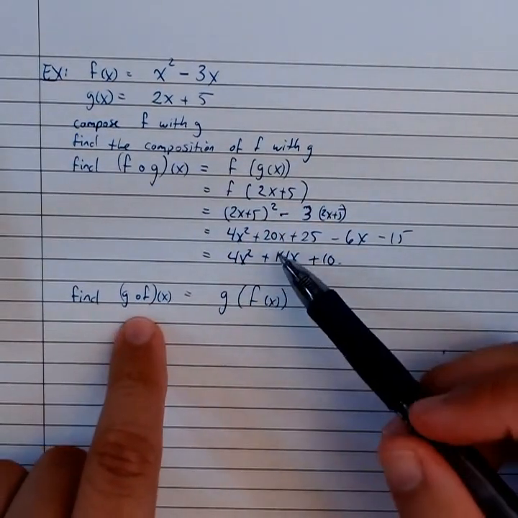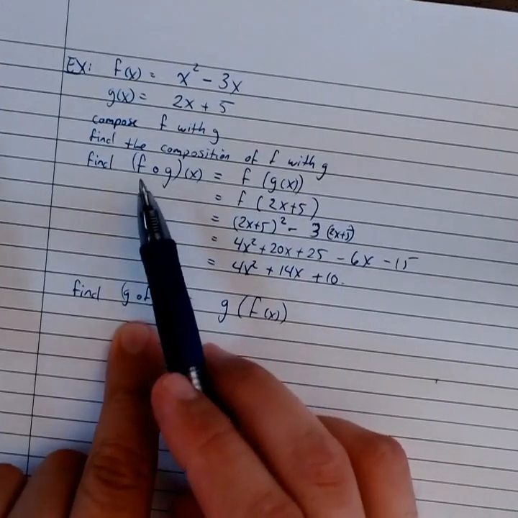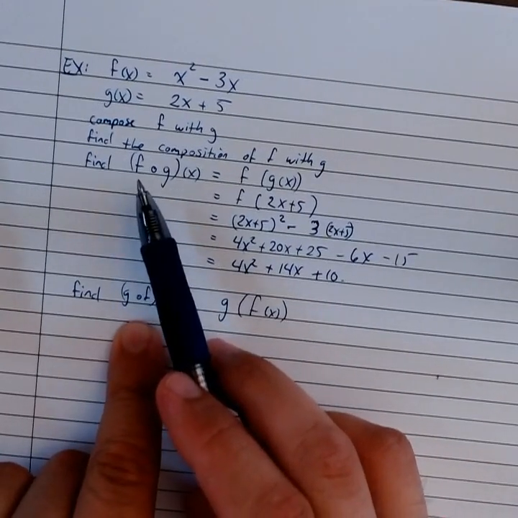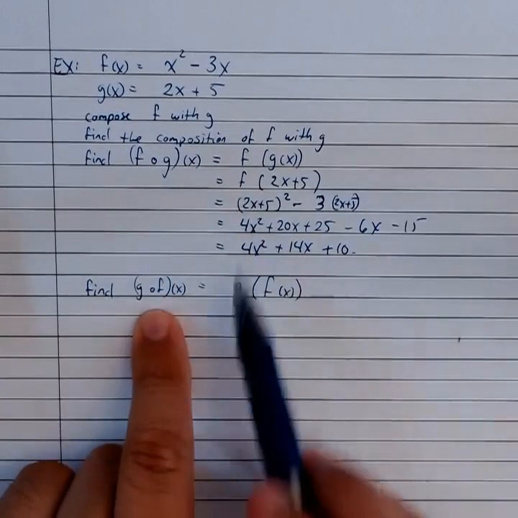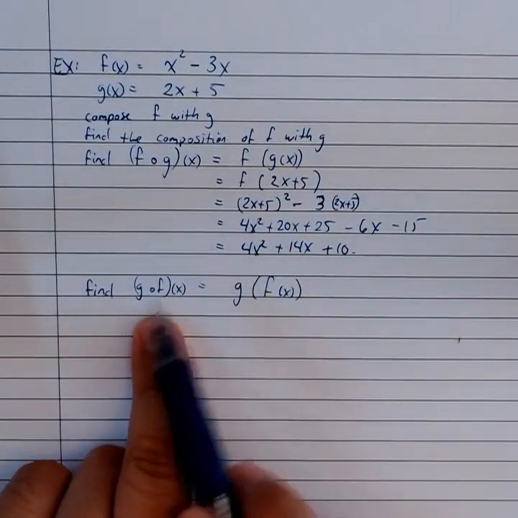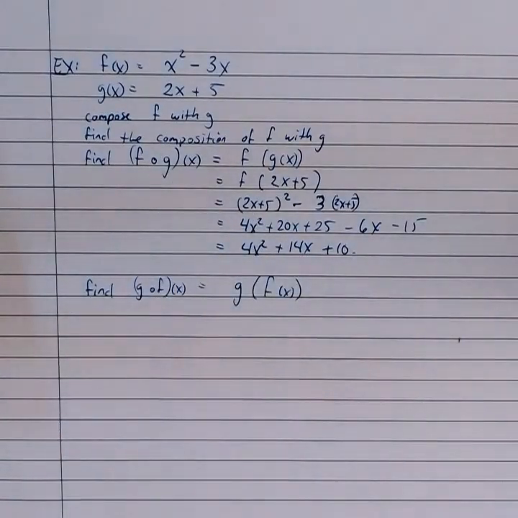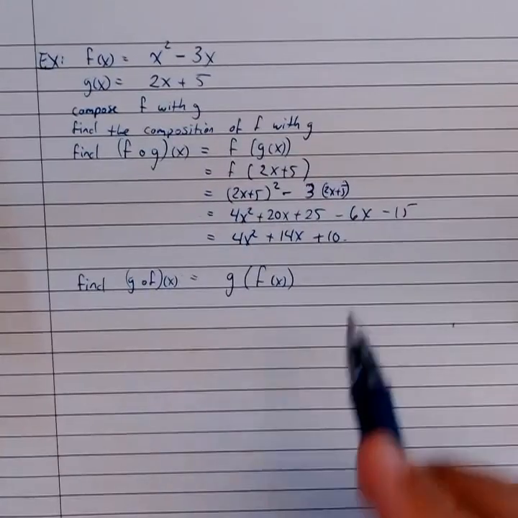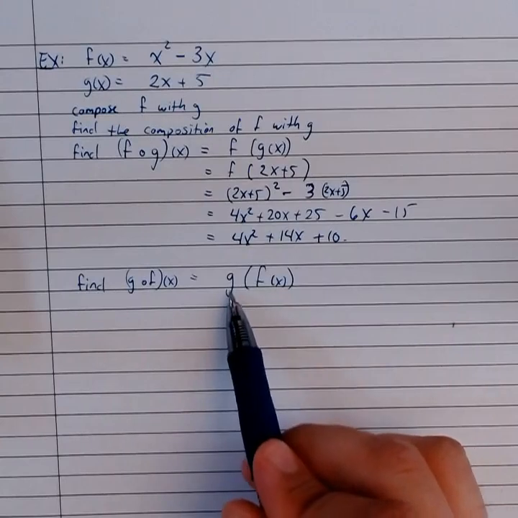When you compose functions, changing the order might give you the same answer, but it doesn't have to. You can have the composition done the opposite way and get a completely different answer. Depends on the functions. So here, we're going to take f and plug it into g.